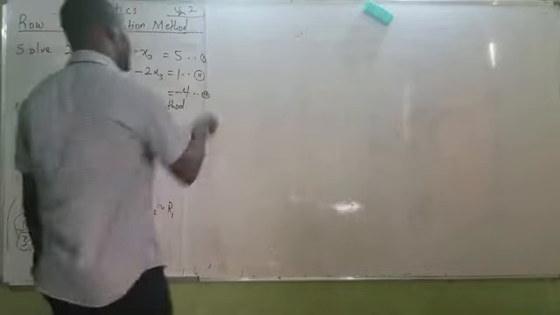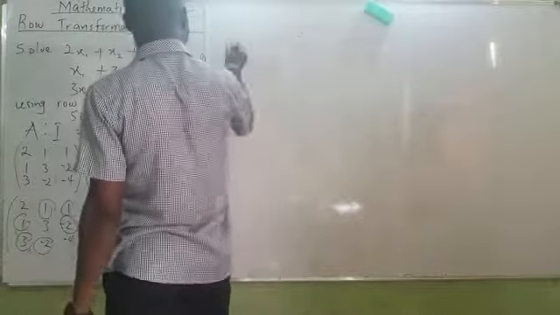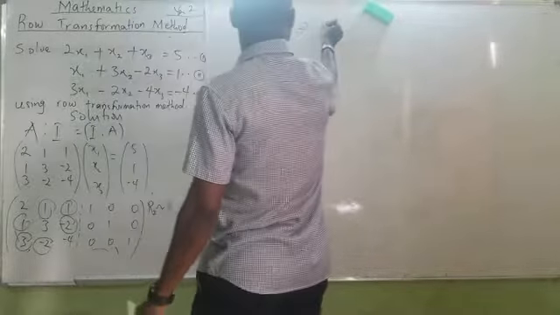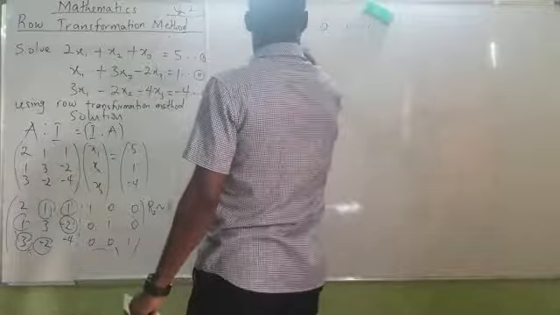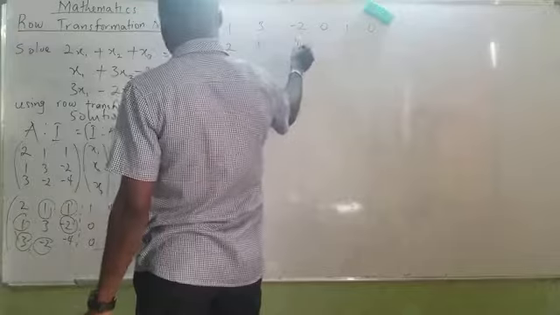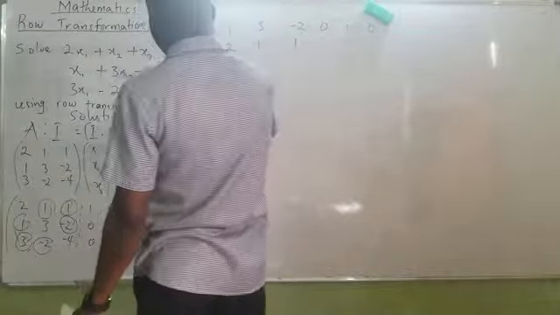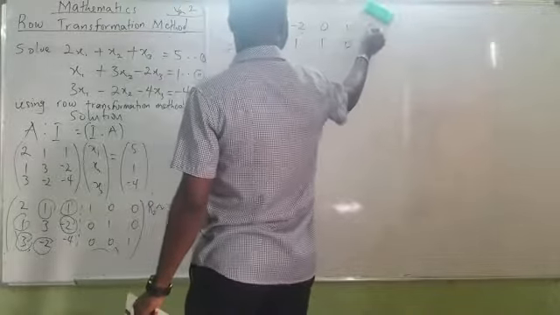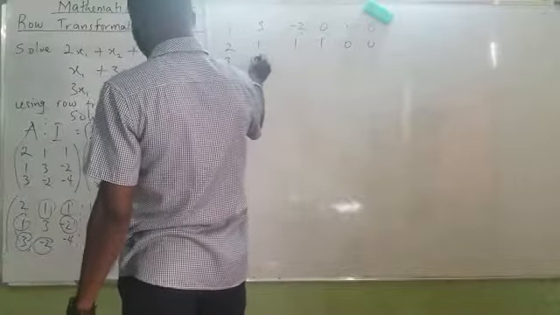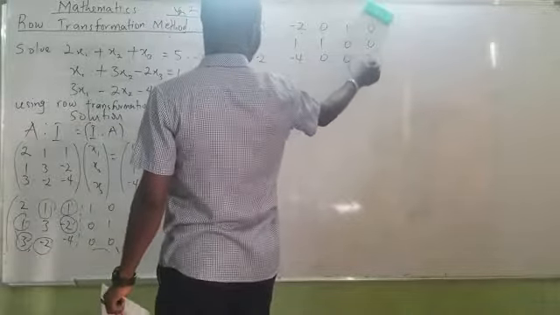It means I can easily write 1, 3, minus 2, 1, 0, 0, and this will be 2, 1, 1, 0, 1, 0, and the other one will now be 3, minus 2, minus 4, 0, 0, 1. Now, can you see?